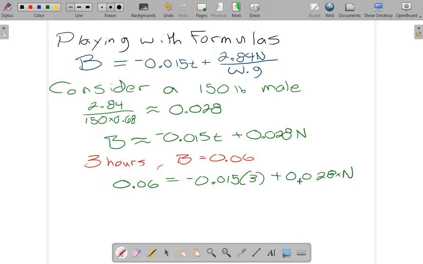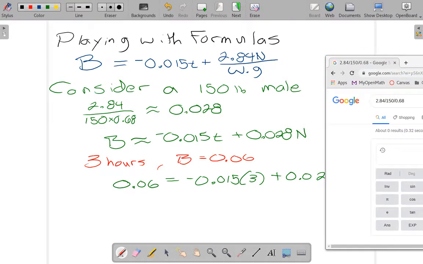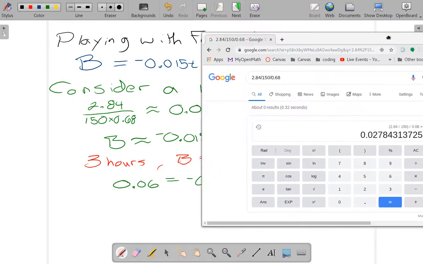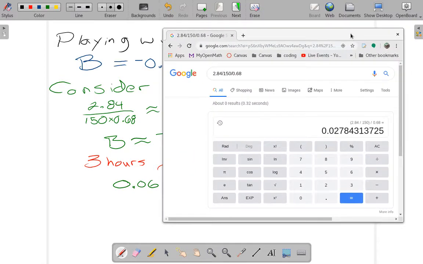So let's whip out a calculator and do that. We want to know what is 3 times 0.015, because we have 3 hours later, and that gives us 0.045.